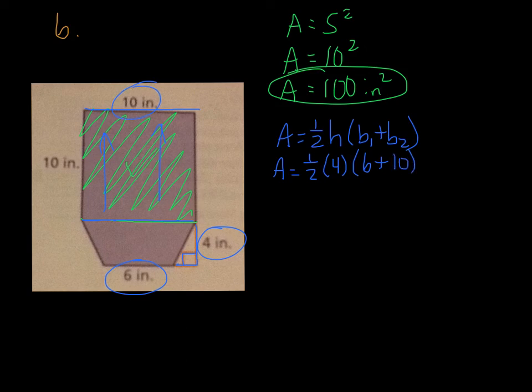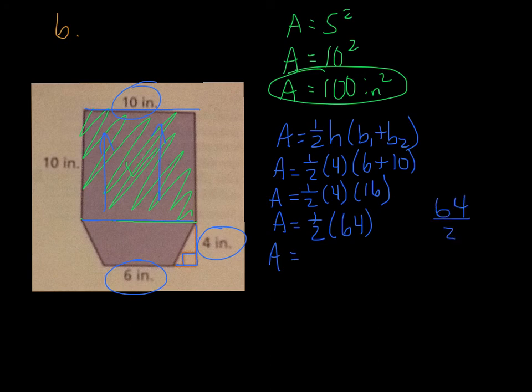And 6 plus 10 gives me 16. Keep going. 4 times 16 gives me 64. My last step is to take 1/2 times 64, or I could divide my 64 by 2.